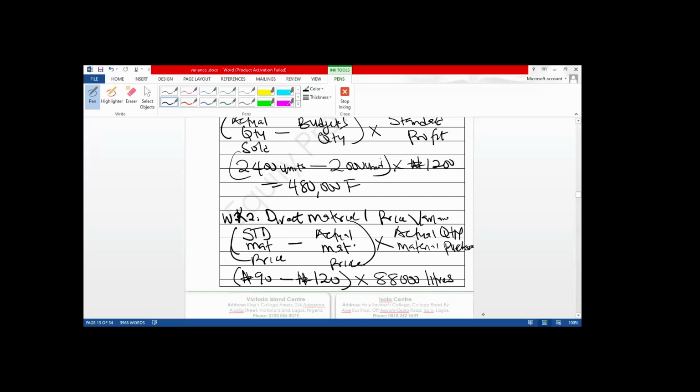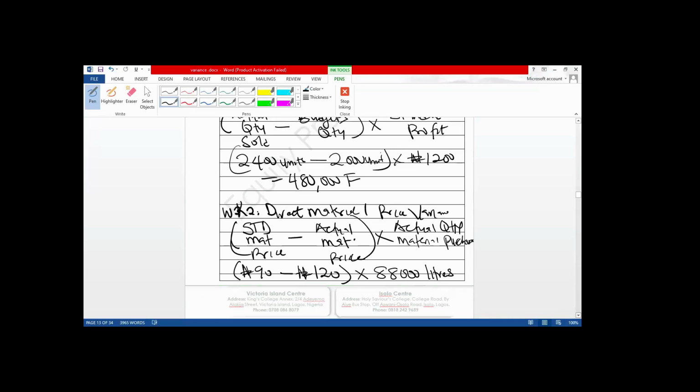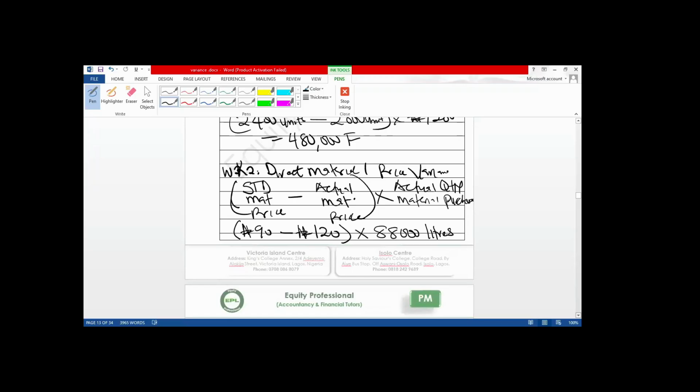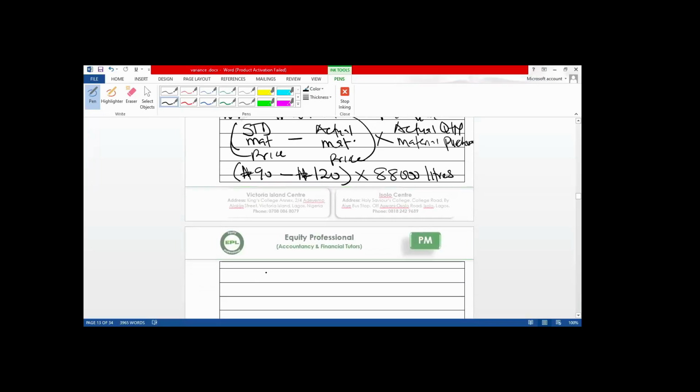On getting to the market, we bought material for 120 naira per liter. This will give us 2,640,000 adverse. Management will ask question, why? How come you are paying extra 30 naira for material?